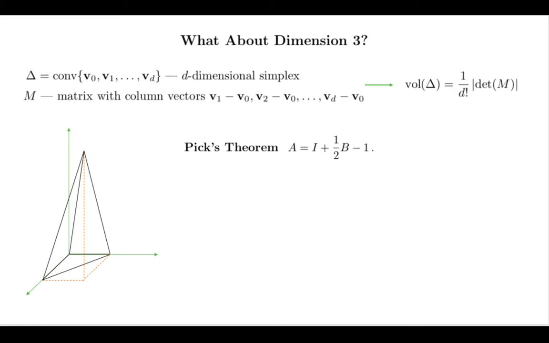What I wanted to show is that in dimension 3, the kind of relation that's given by Pick's theorem is too strong. What I mean by this is the following. I'm giving you an example of a three-dimensional simplex.